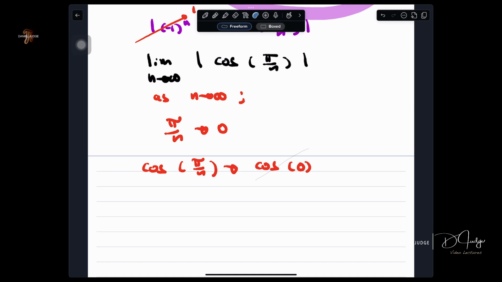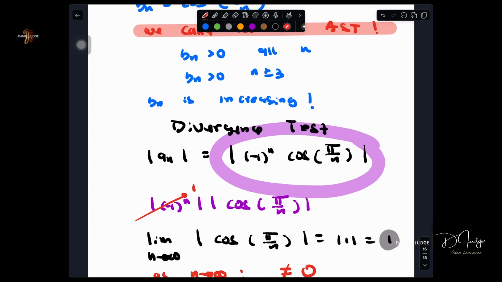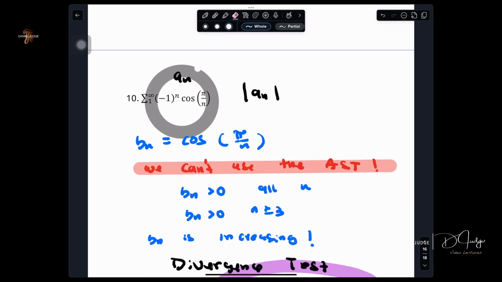Cosine of 0 is 1. So this limit will go to the absolute value of 1, which is 1. Okay. This is not equal to 0. So by the divergence test, this series diverges.